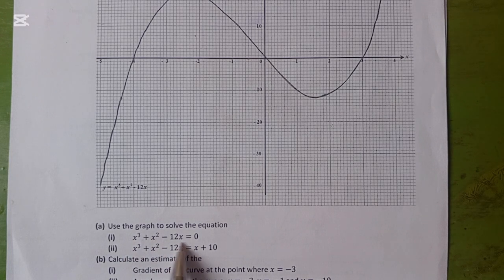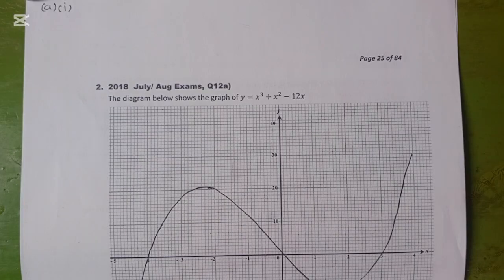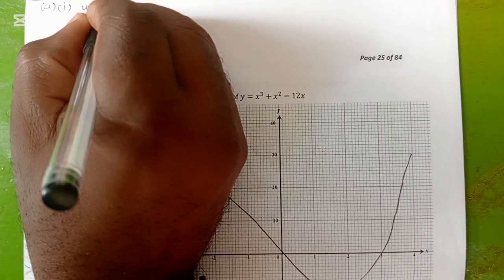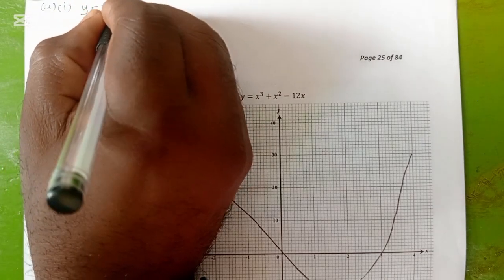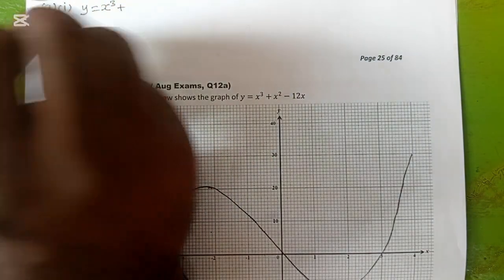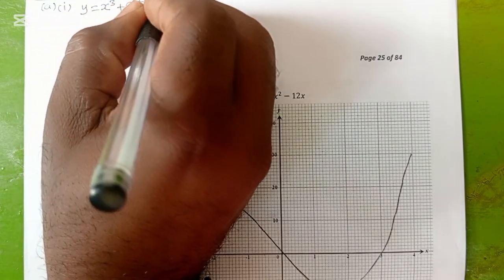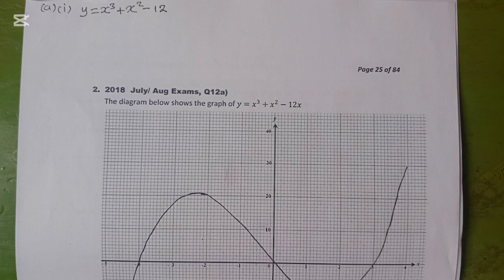This is the equation that we've been asked to solve. The general graph that we have is y is equal to x to the power 3 plus x to the power 2 minus 12x. That is the general graph that we've been given.